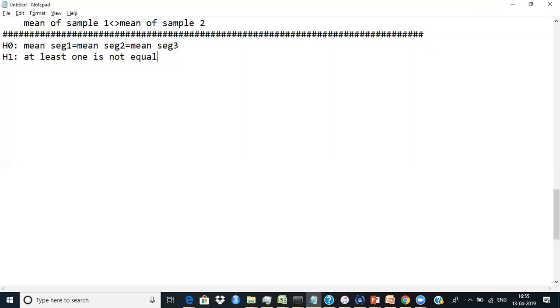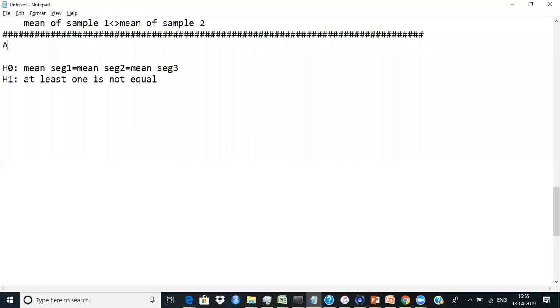Right? Second way to do it is by using another hypothesis testing known as ANOVA. ANOVA stands for Analysis of Variance. This is known as ANOVA. Now, ANOVA का generic format क्या है?